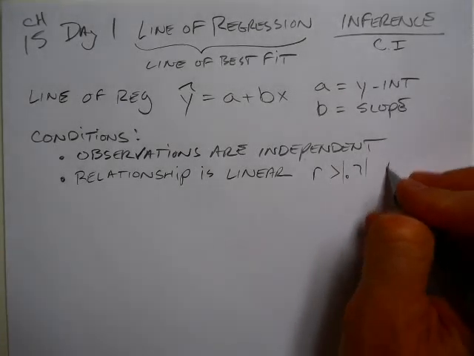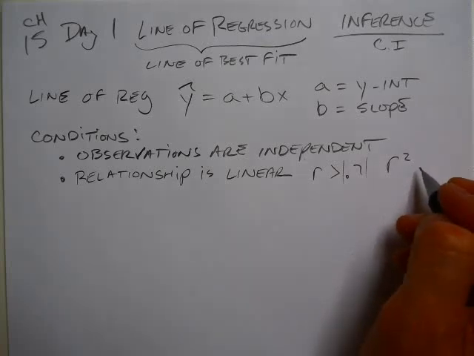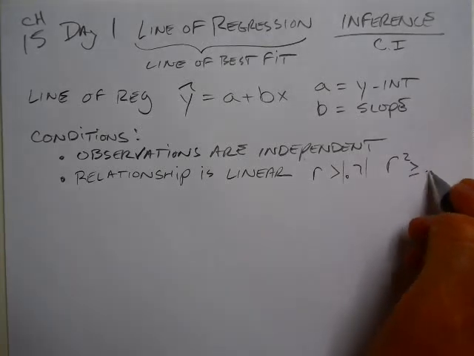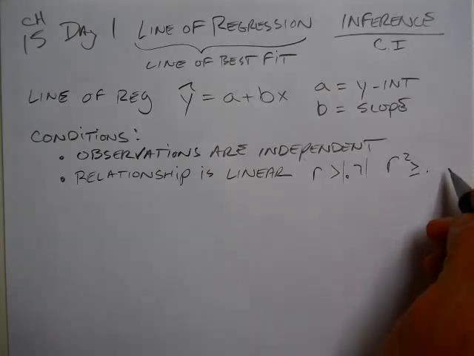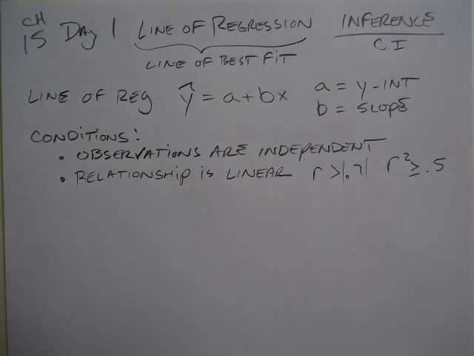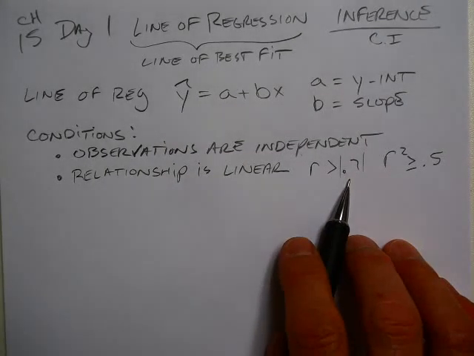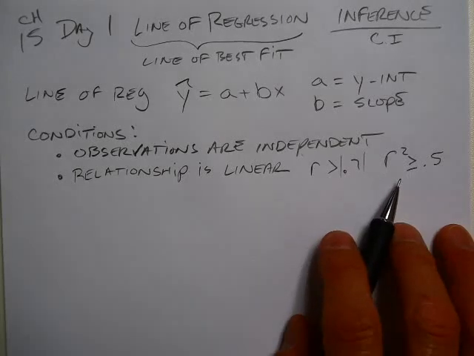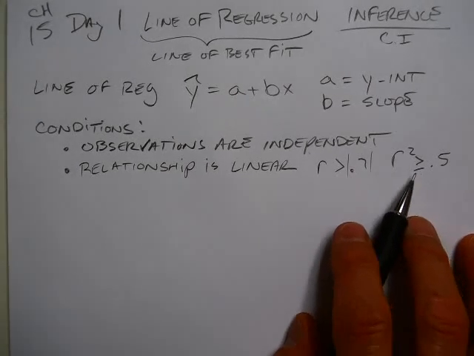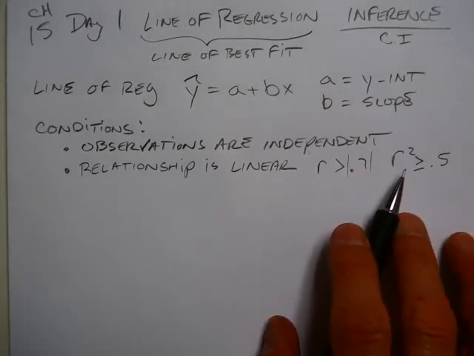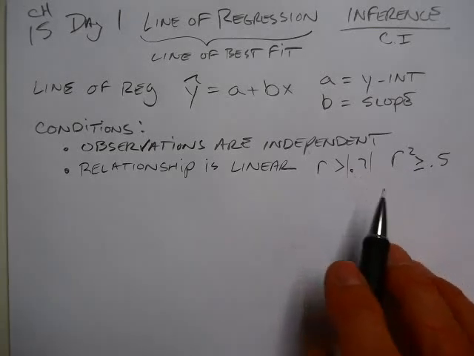And r squared has to be greater than or equal to 0.5. Right, Adele, 0.5. So here's the thing. If your r is greater than 0.7, then your r squared will be greater than or equal to 0.5. If r is 0.7, r squared is just slightly less than 0.5. It just has to be a little bit bigger.